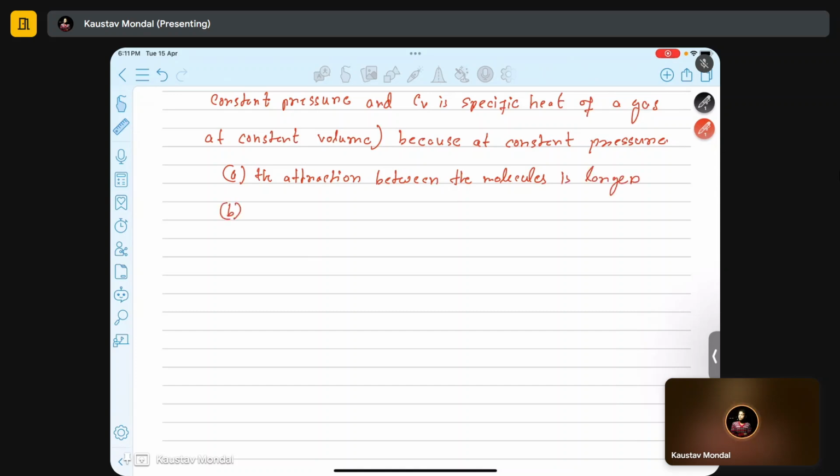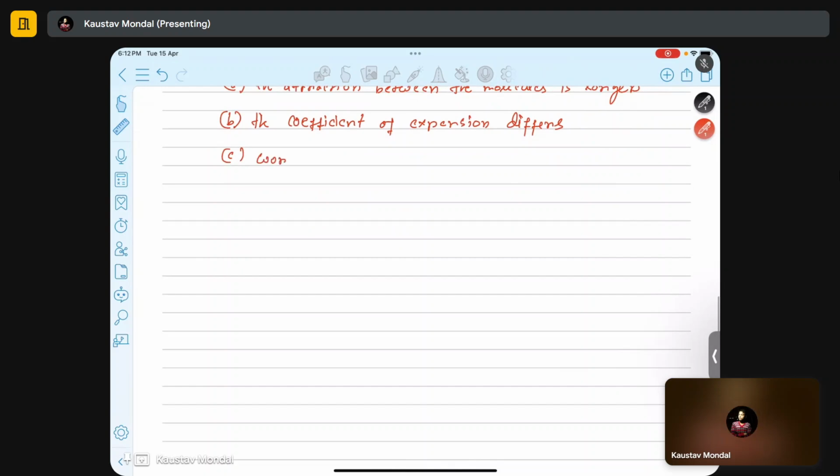Option B, the coefficient of expansion differs. Option C, work is done by the expanding gas. Option D is none of the above.